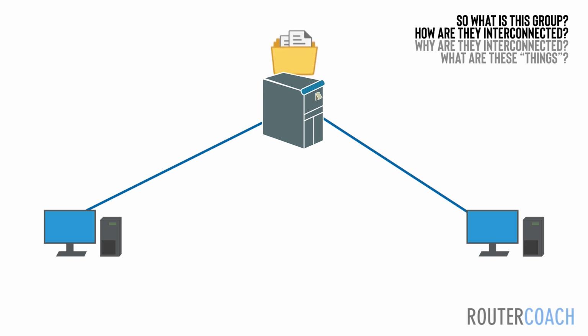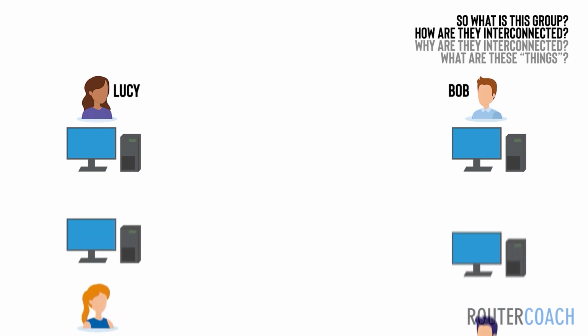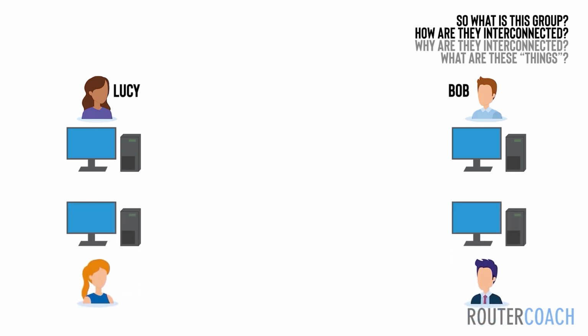So, for example, if there was a file or application that more than one user needed to access, then they would connect to the file or application server to access it rather than it being stored locally on a user's endpoint device. Now this is great if there are only two devices on your network, but what happens if we add a third or maybe even a fourth device to the network?